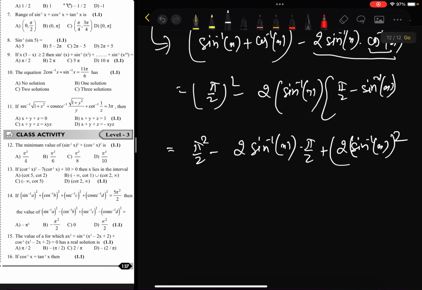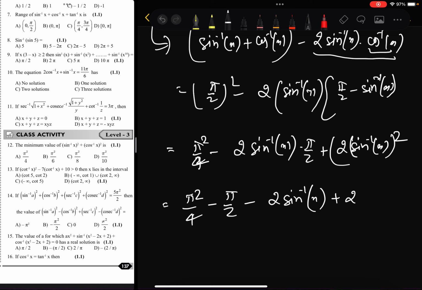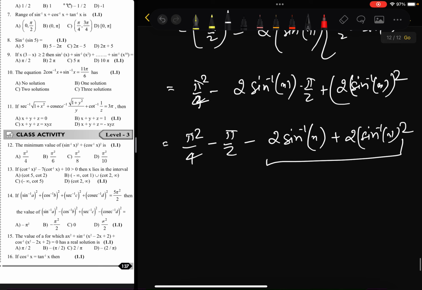Okay, so this is pi square by 4 minus 2 times sine inverse x into pi by 2 minus sine inverse x, plus 2 times sine inverse x whole square. So now we can convert this expression into a perfect square.